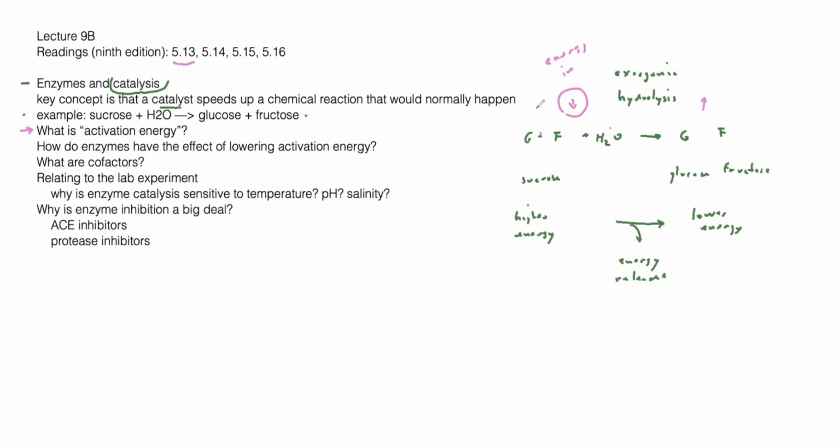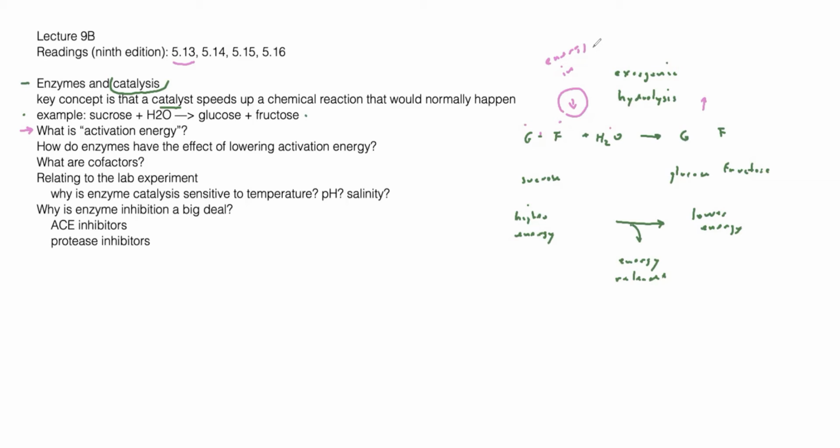If we made it a lot easier for these bonds to break, in other words, if we were to create some structure, maybe if we took this disaccharide and held it in place and twisted it just slightly so that water molecules could come in and access that bond more easily, it would be easier for us to achieve the point where the reaction could move forward, right?